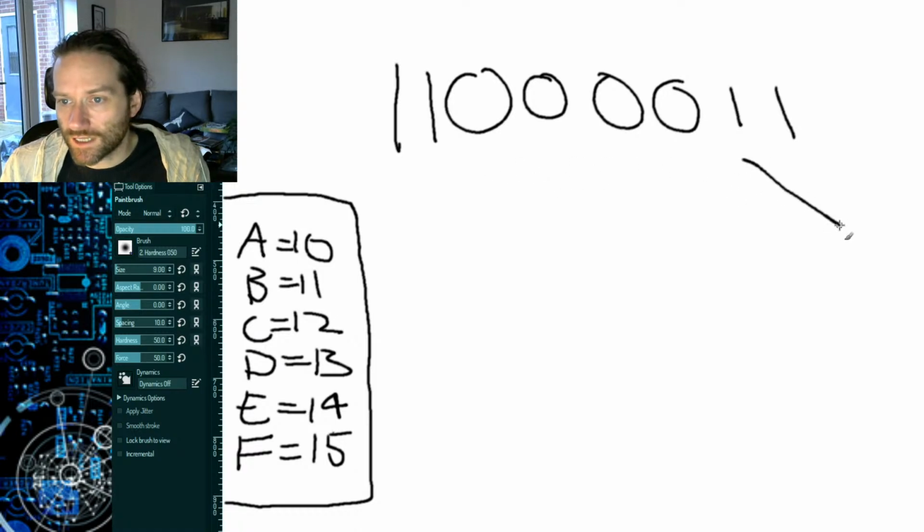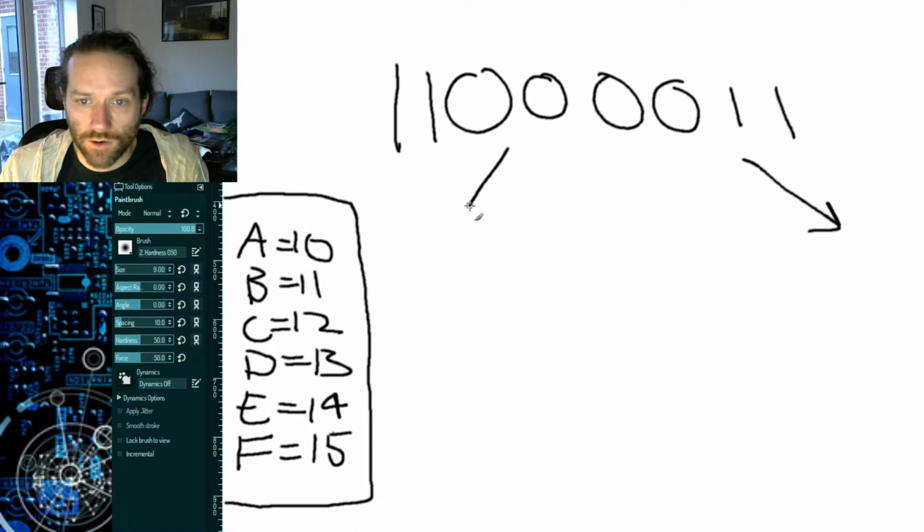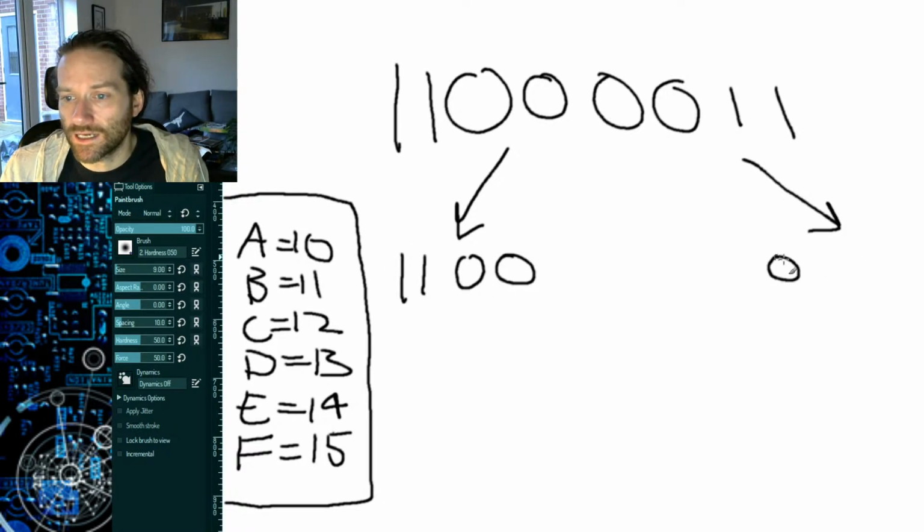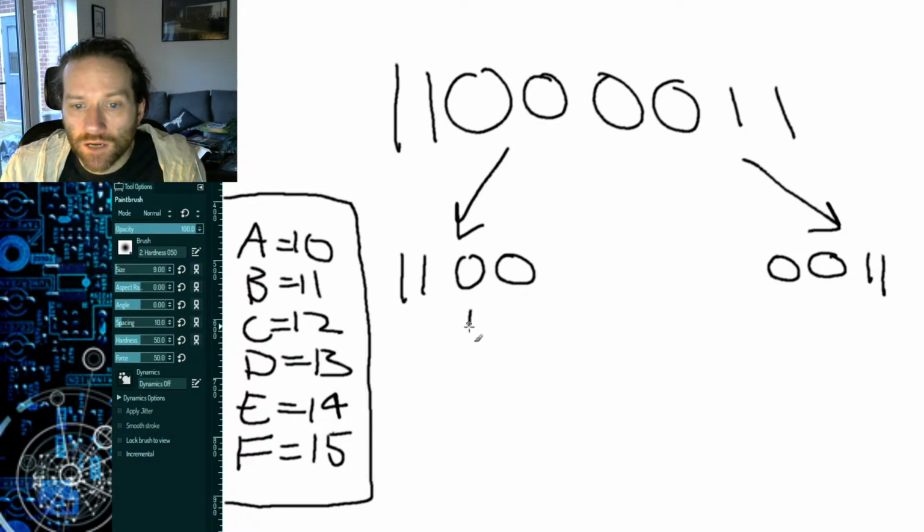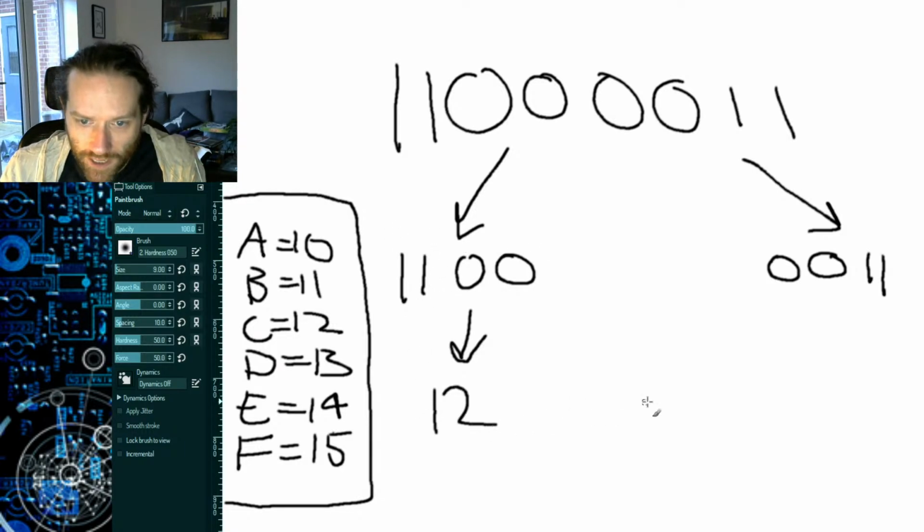Okay. So first thing that we're going to do is split this into nibbles. So we end up with 1 1 0 0 as our first nibble here, and 0 0 1 1 as our second nibble there. Convert both of these to denary. 1 1 0 0. If you remember the magic numbers here, 8 4 2 1. 8 plus 4 is 12, and over this side 8 4 2 1.